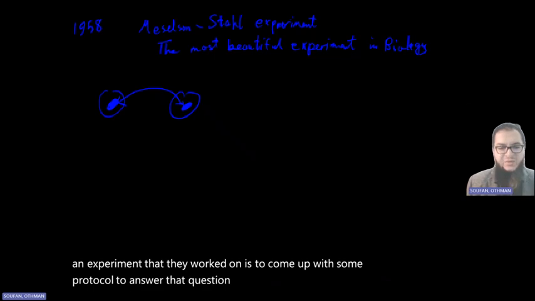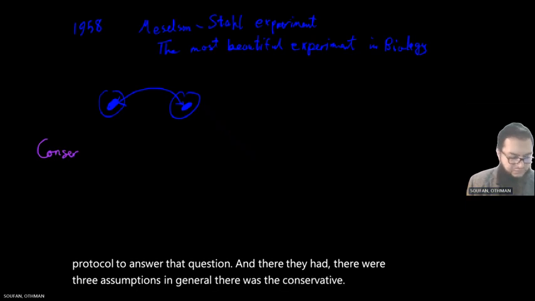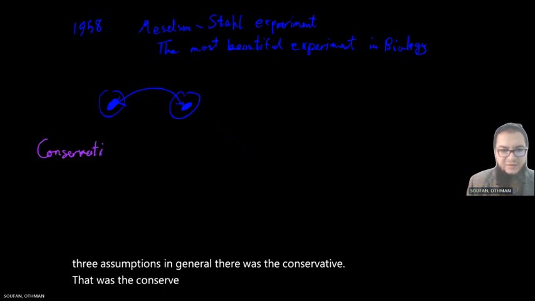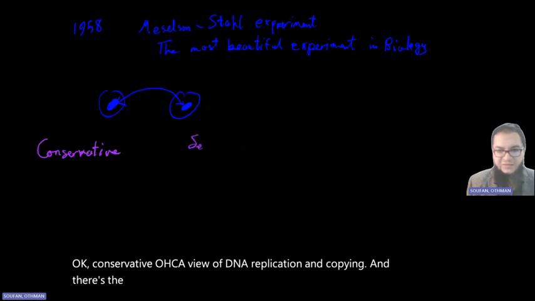And there were three assumptions in general. There was the conservative view of DNA replication and copying. There's the semi-conservative.